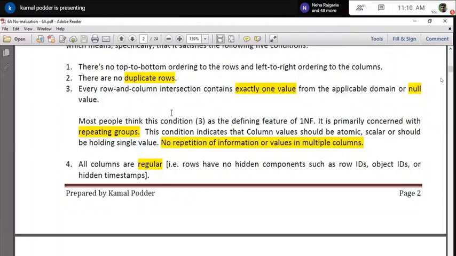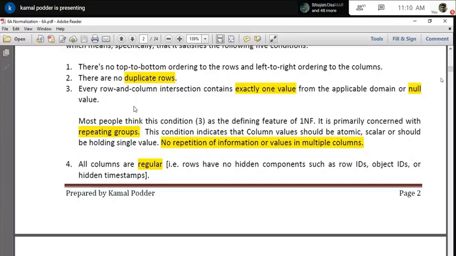In modern relational databases, these two things are automatically imposed. When you use visual tools and don't specify a primary key, it will give an error or warning that there is no primary key in the table. So it is automatically enforced while you are creating the database.